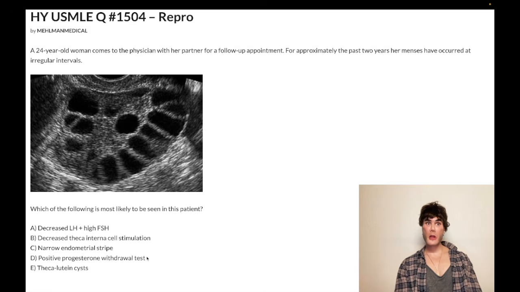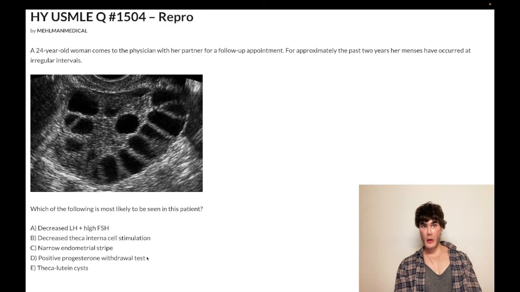So if you have withdrawal of progesterone, whether it's normal with menses where the corpus luteum breaks down and you lose progesterone, or you artificially do it with progesterone withdrawal test, an abrupt withdrawal of progesterone is going to cause increased PGF2 alpha in the endometrium, which leads to spiral artery vasoconstriction and ischemia and apoptosis of the superficial endometrial lining, hence menses.